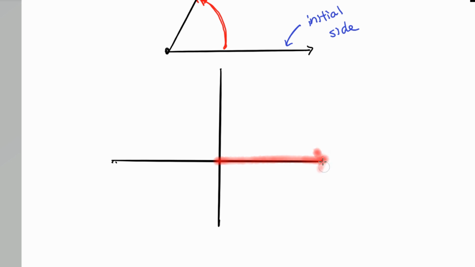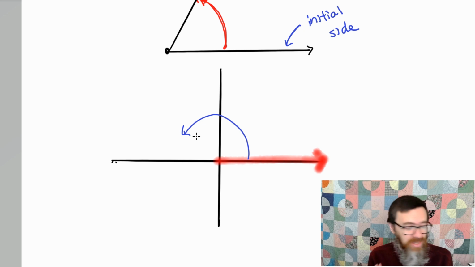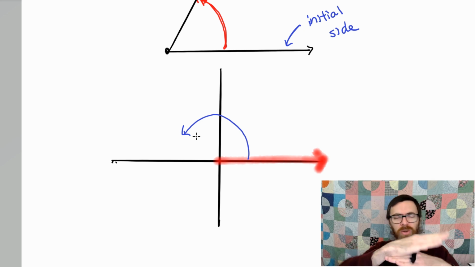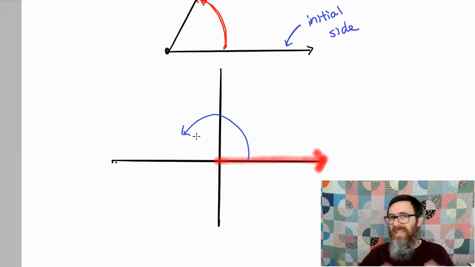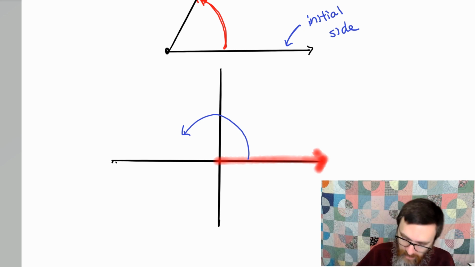Okay, so I'm using this highlighter, making it look a little bit larger than it really is. So that guy's going to be fixed. We have it along the positive x-axis, and then you are creating the angle from here, and you're rotating it over like that. So when we do the angle rotations, positive angles are going to be going in a counterclockwise fashion. If you go in a clockwise fashion, that is what we call a negative angle.